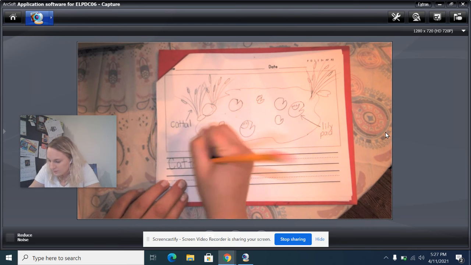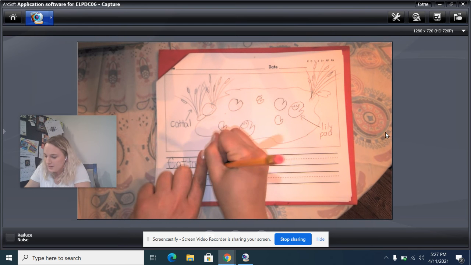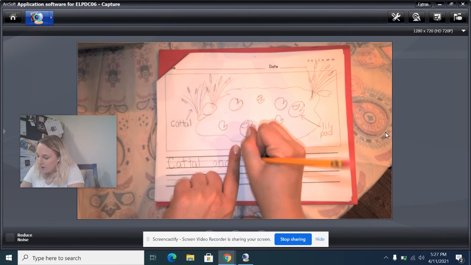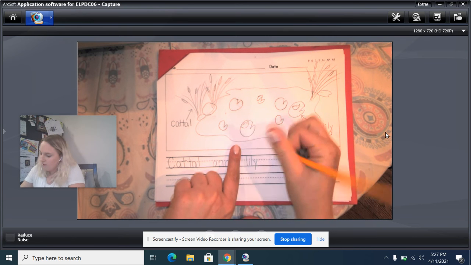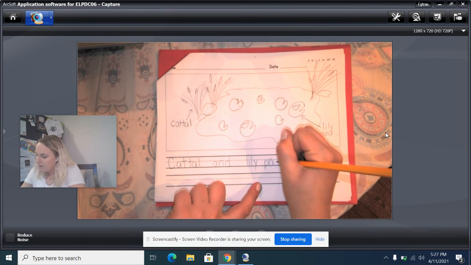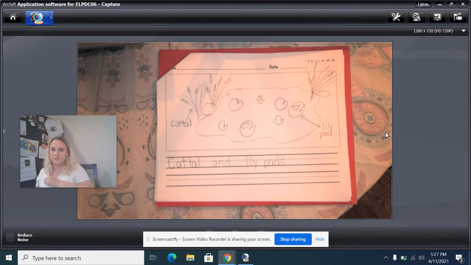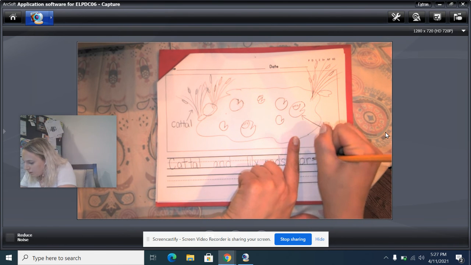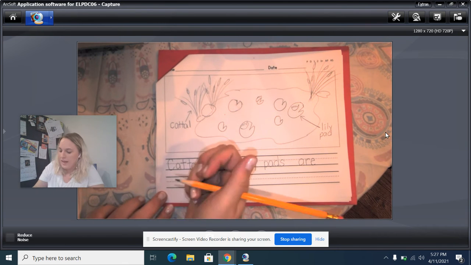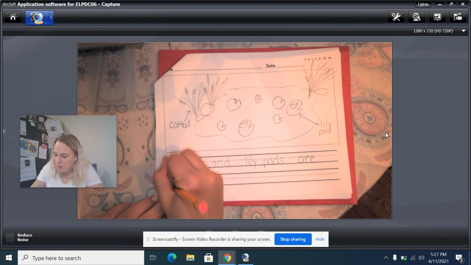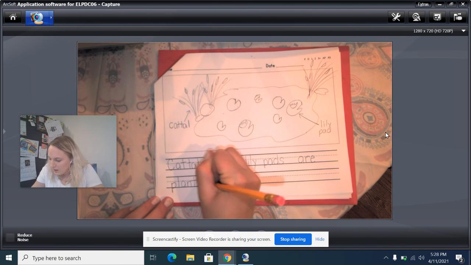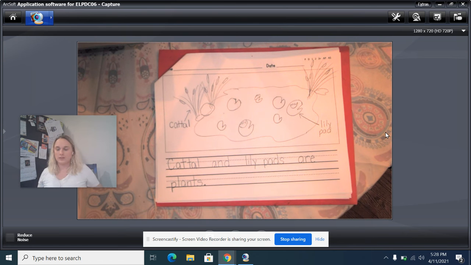Cattail, bigger space, and lily pads, popcorn word are plants.